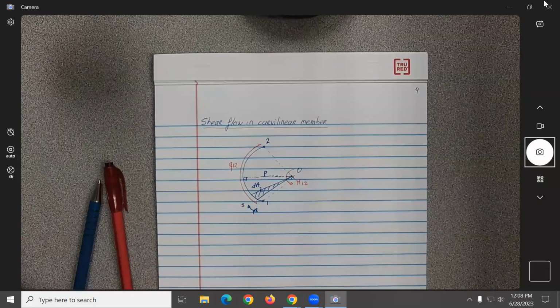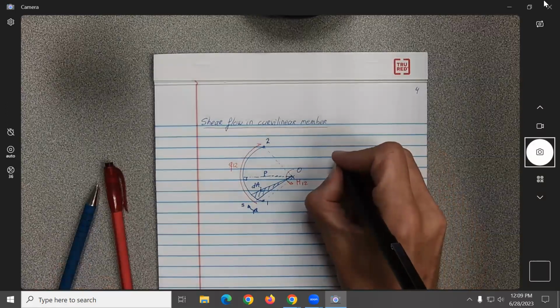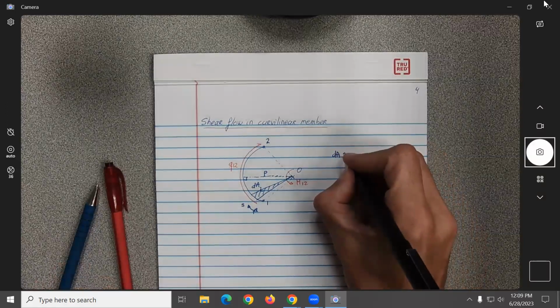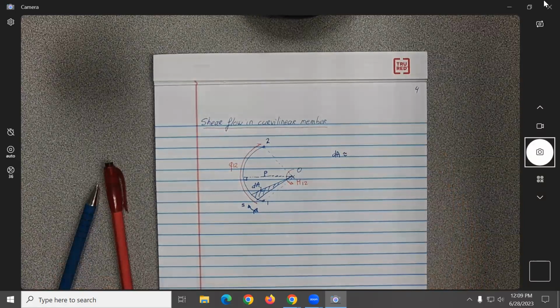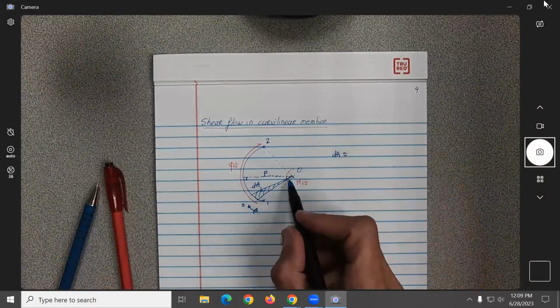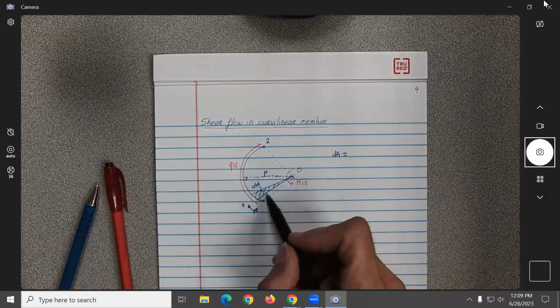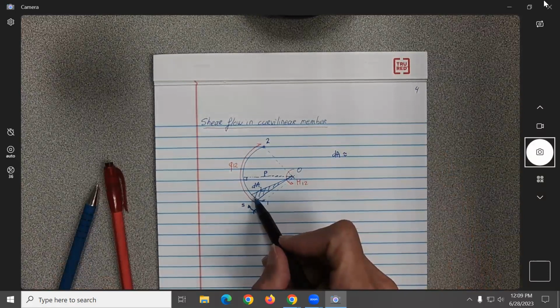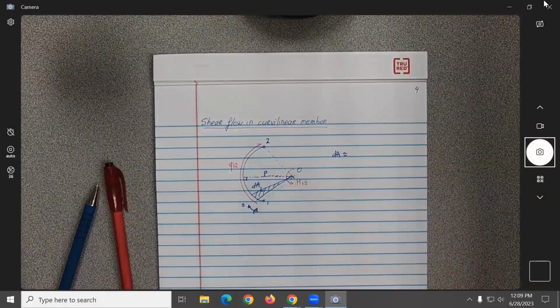Okay, so before, let's look over here. What would dA approximately be equal to? Can you approximate the area of a triangle? If this is very small, this would be almost like a triangle, no? So what is the area of the triangle?